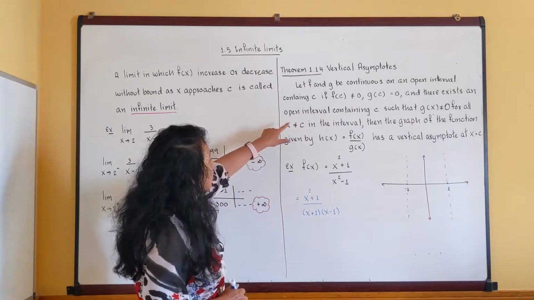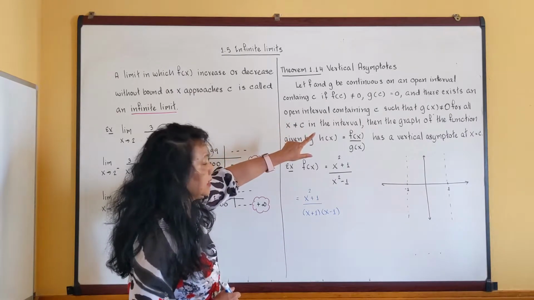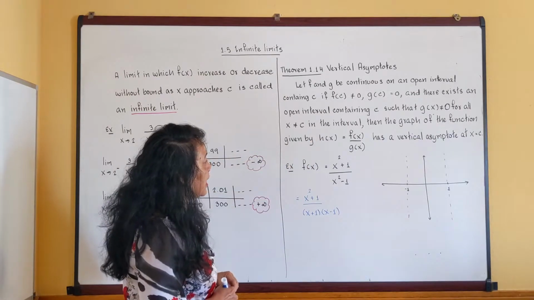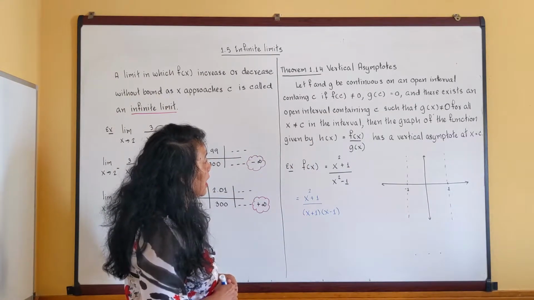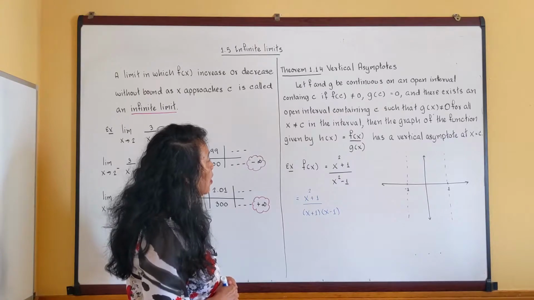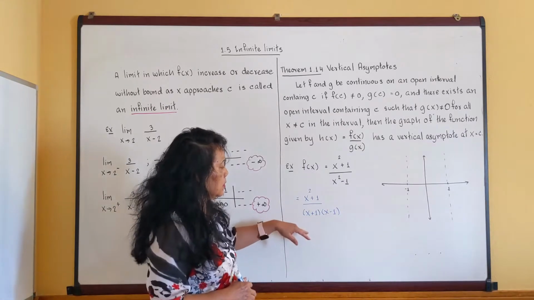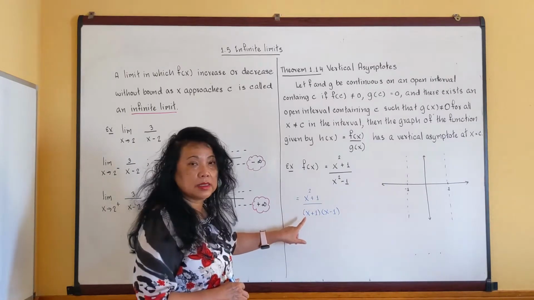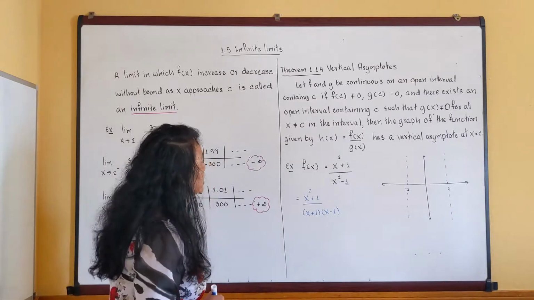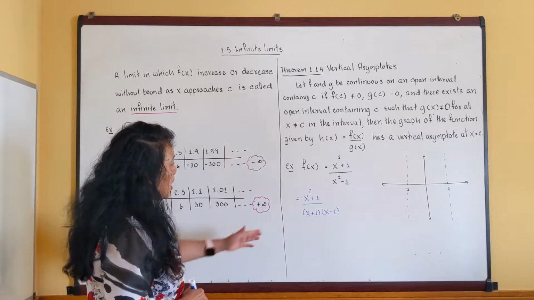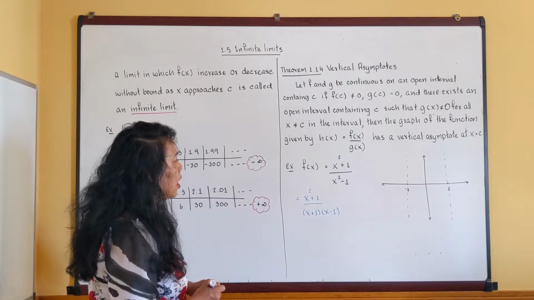And there exists an open interval containing c. My c here is plus or minus 1, such that g of x is not equal to 0 for all x not equal to c. So it's not equal to 0 anywhere but 1 and negative 1, which is my c. Then the graph of the function has a vertical asymptote.